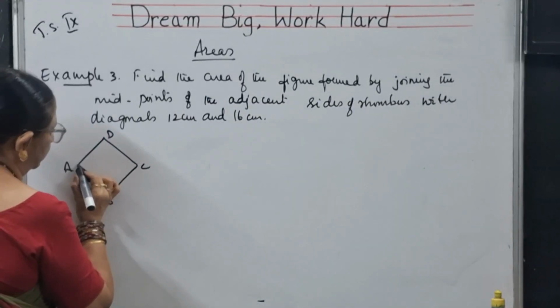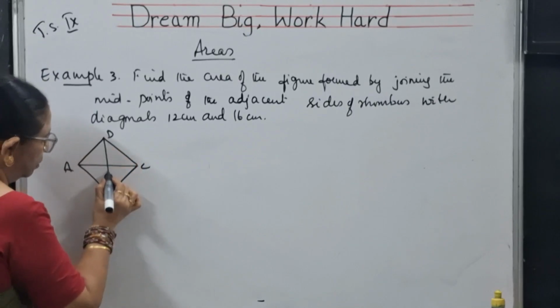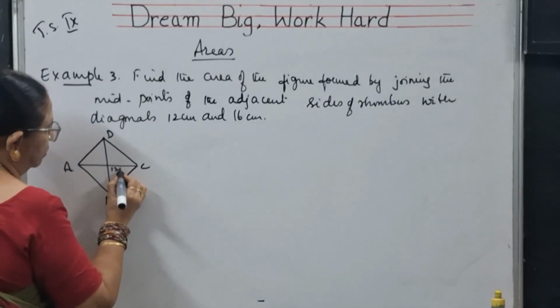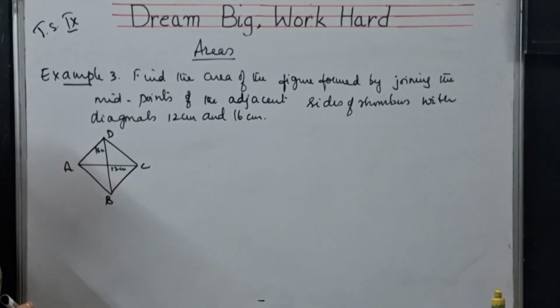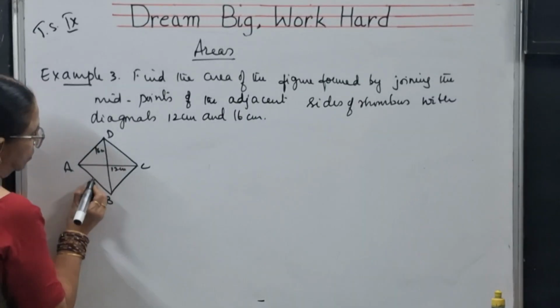Now it has got two diagonals. AC is one diagonal and BD is another diagonal. AC is 12 centimeters and BD is 16 centimeters. Now find the area of the figure formed by joining the midpoints of adjacent sides.